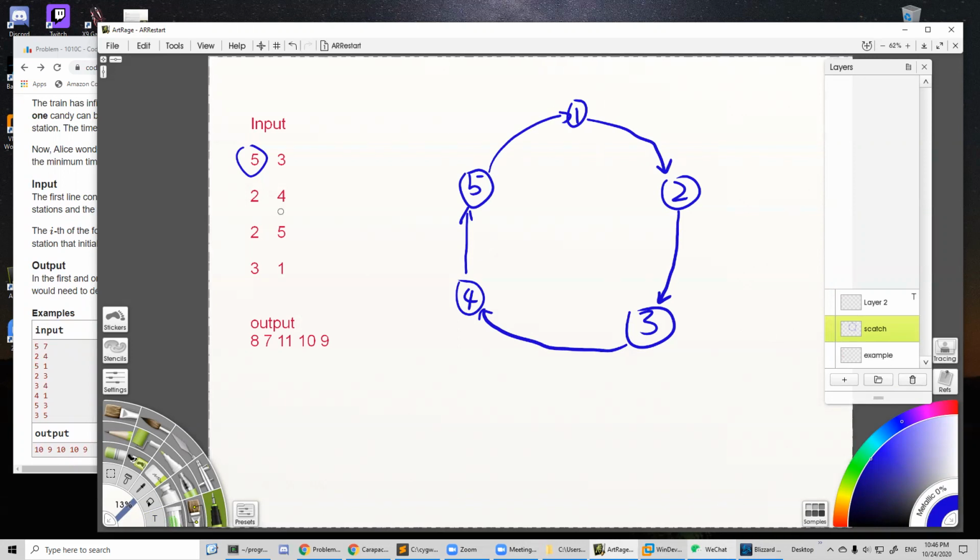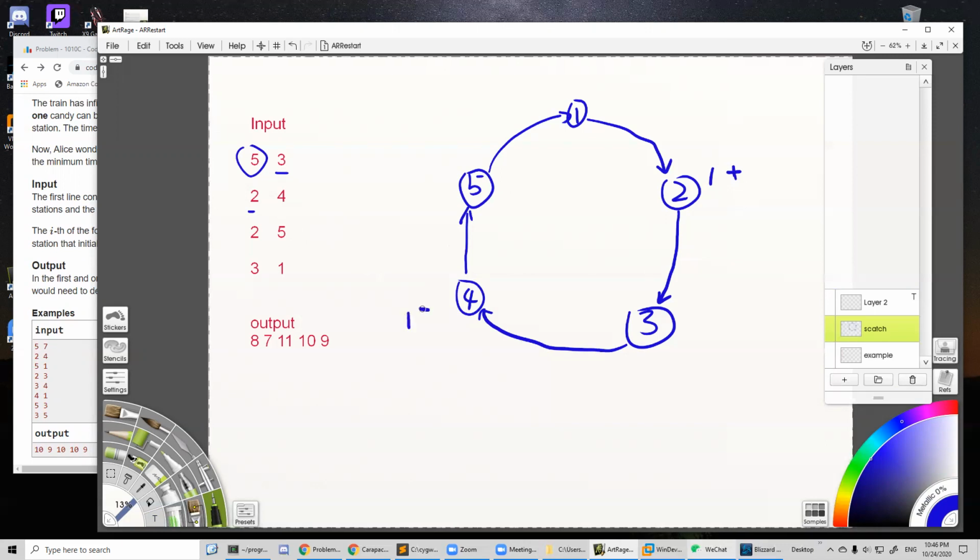And the second number is the number of candies. Each candy has a start point and an ending point, right? For the first candy, the start point is 2. We use a plus sign as the starting point, and the ending point is 4.